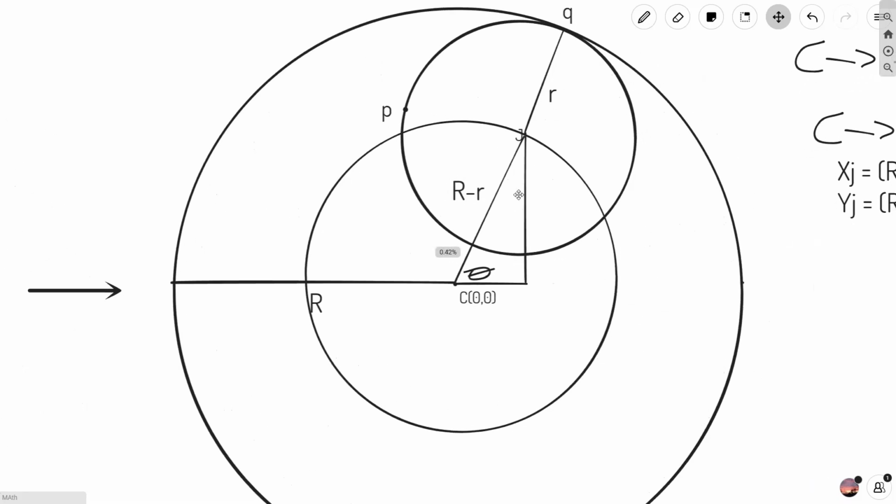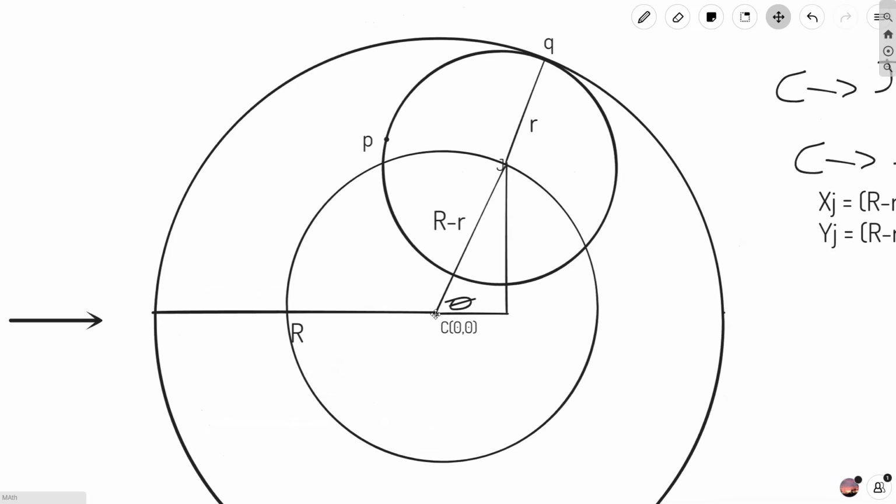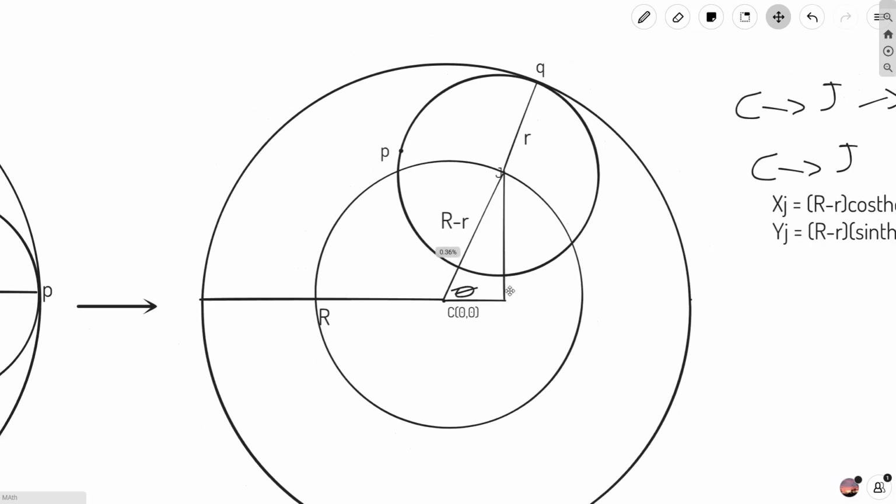Now, the radius of this is just big R minus small r. Why? Because the distance from here to here is big R, and the distance from here to here is small r. So the radius of this is big R minus small r.